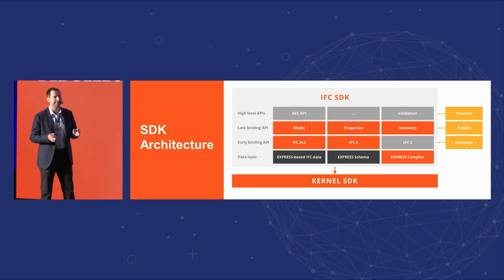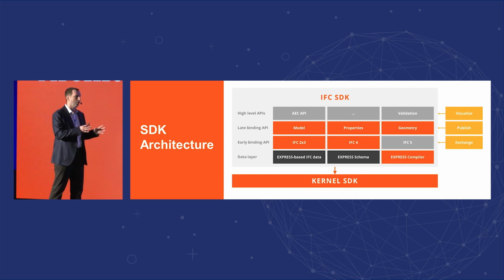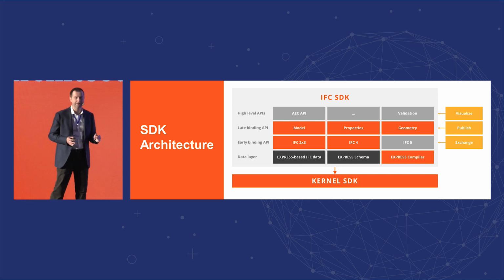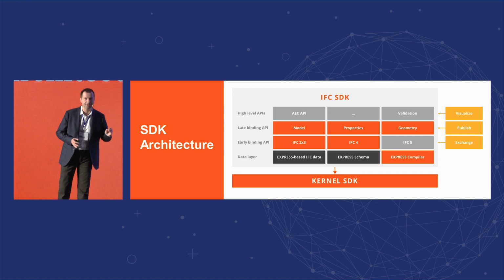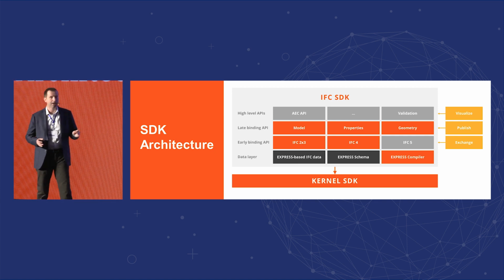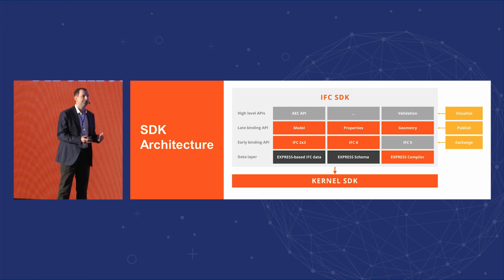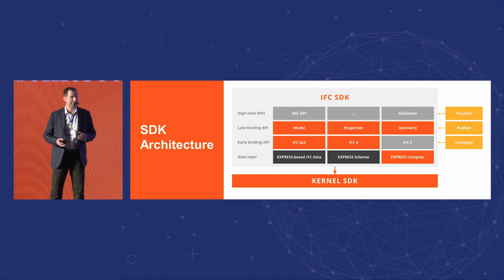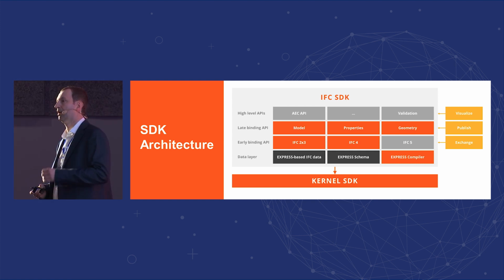It means that all the things we are doing are based on the kernel SDK and kernel functionality, and are compatible with our visualization SDK and publishing SDK, and can be easily exchanged with other formats. We'll see an example later. Overall, it's a layered architecture.